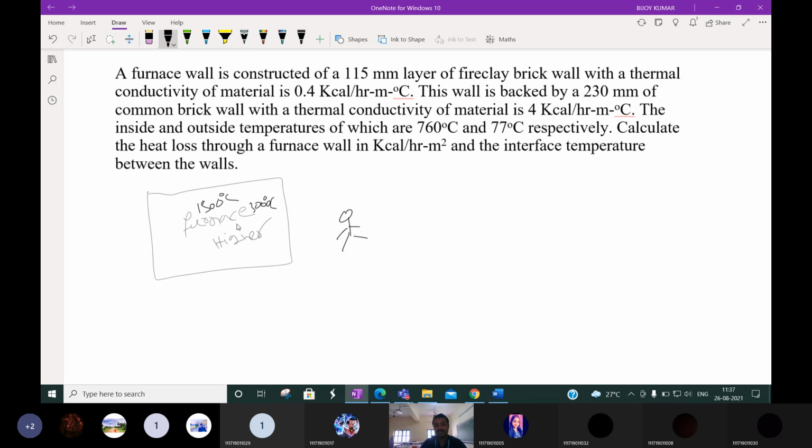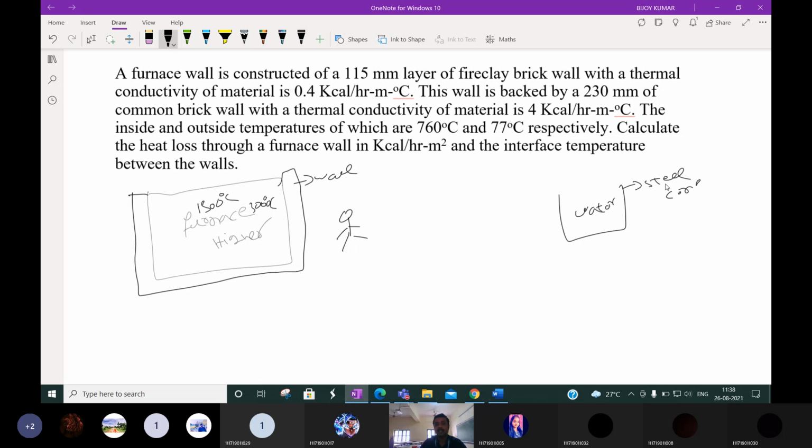So how is the furnace constructed? It consists of some walls, like a container. How do you boil water? In a steel container.